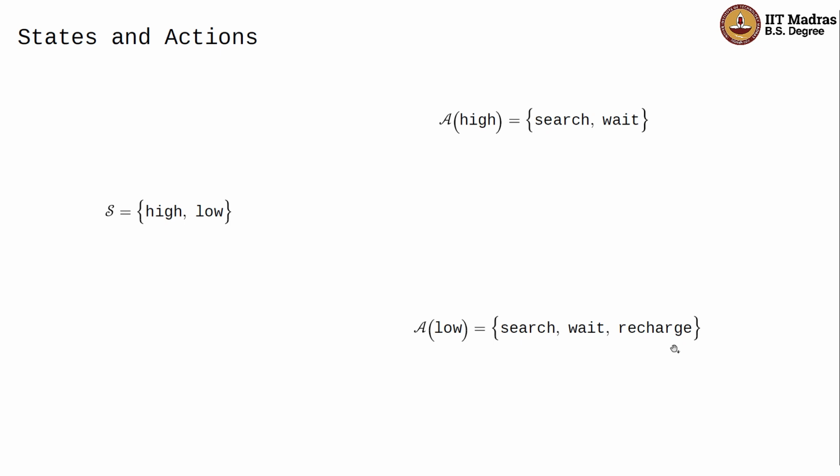I don't need to know what my battery level was for all the time steps in the past. I just need to know my current battery level to know what action to take now and where I'll go next. That depends only on my current battery level, and therefore the state is Markov.